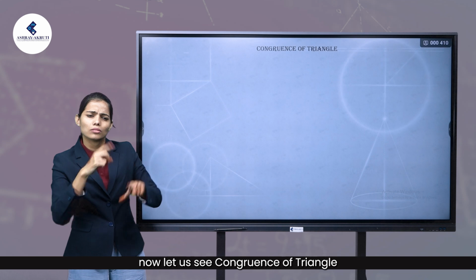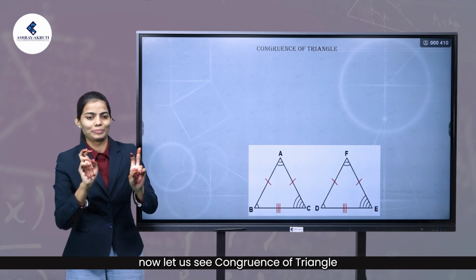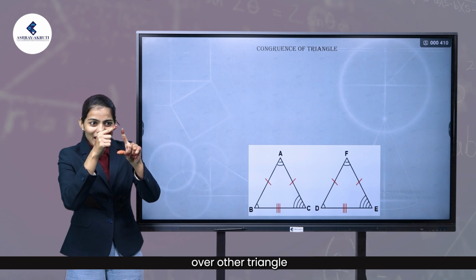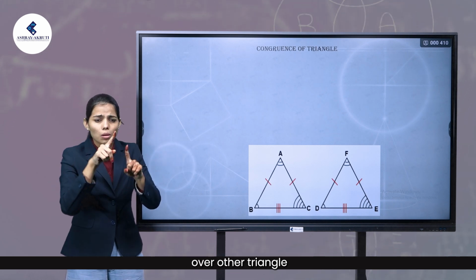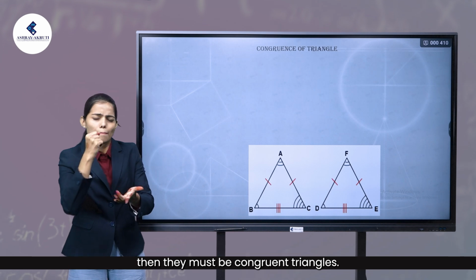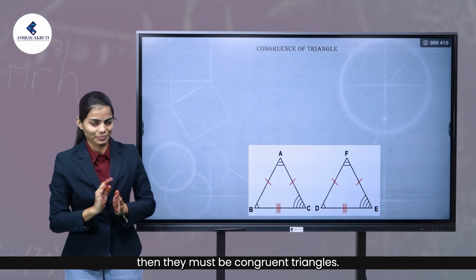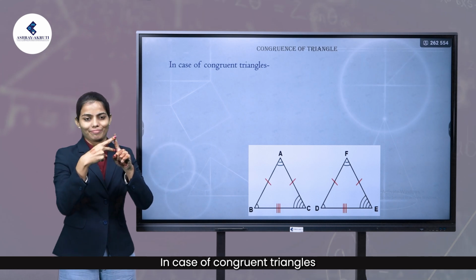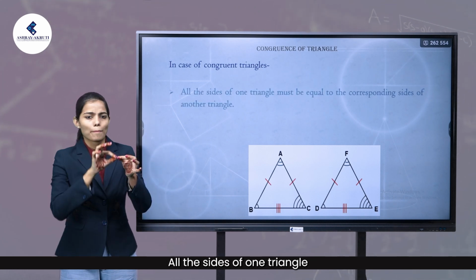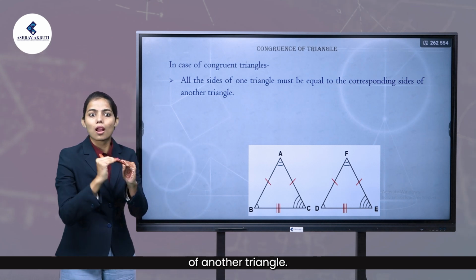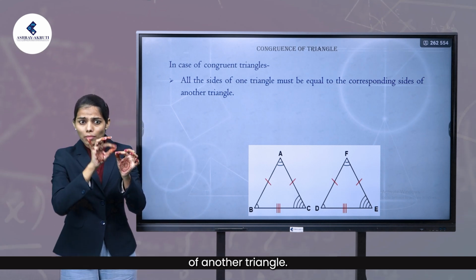Children, now let us see congruence of triangle. If we superpose one triangle over other triangle and they cover each other properly, then they must be congruent triangles. In case of congruent triangles, all the sides of one triangle must be equal to the corresponding sides of another triangle.